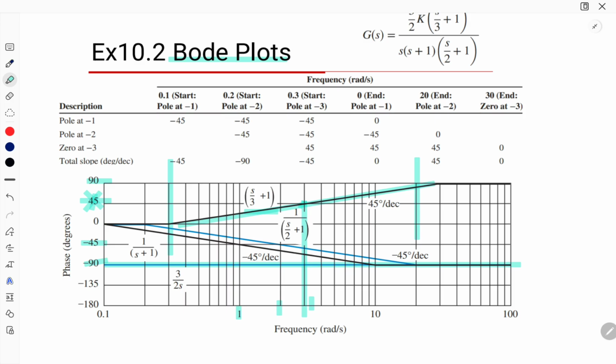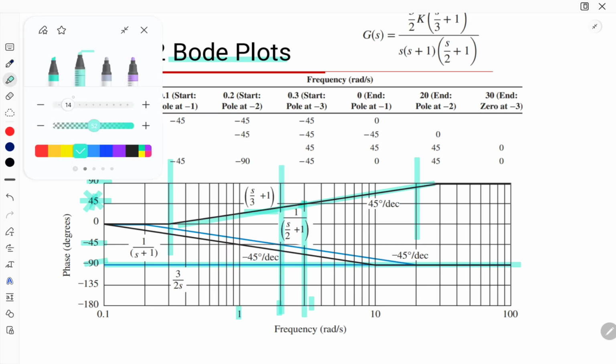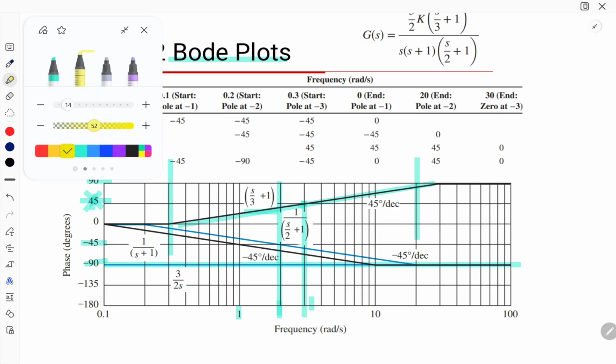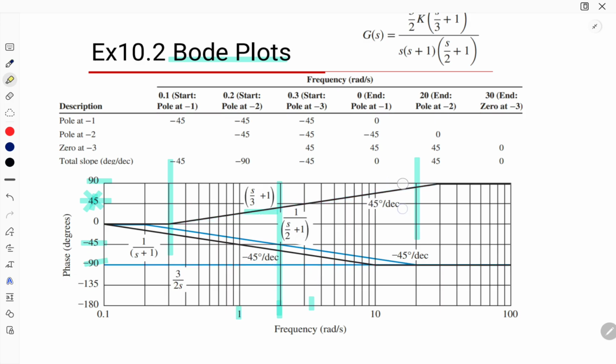Similarly, you take care of the other ones. So at 2, what will happen? So that's what we are looking at. At 2 again, see this minus 45 passing through.